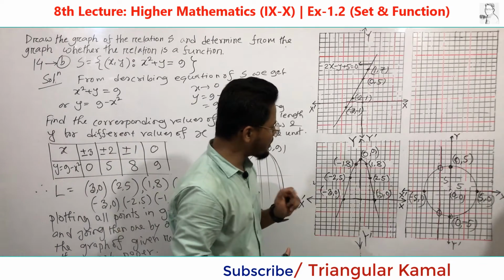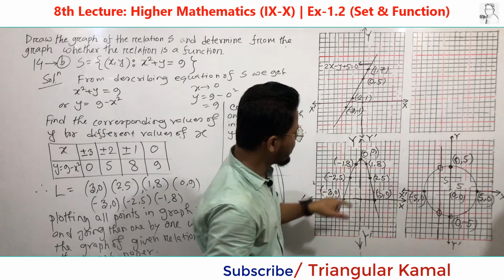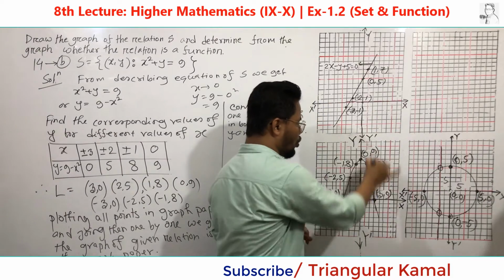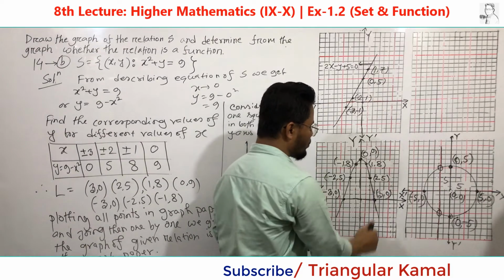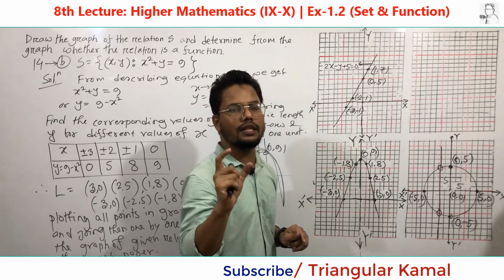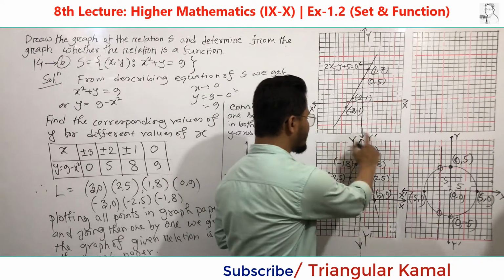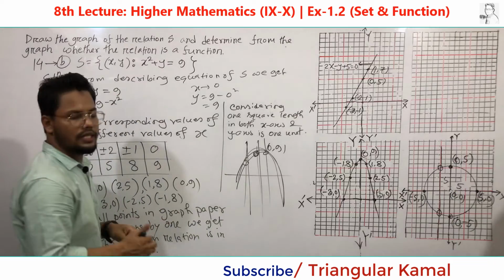So here how many intersecting points do we get? Only one. And if we draw a parallel line of the y-axis in the graph, we will get only one intersecting point. That's why we can take the decision that the given relation is a function.